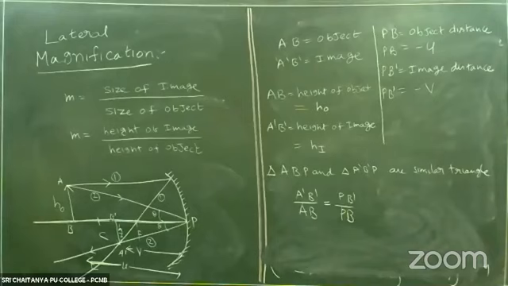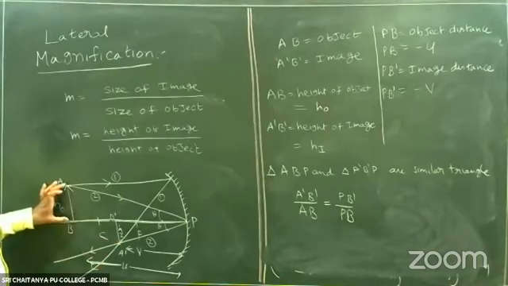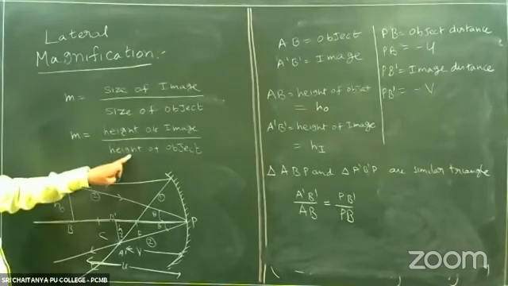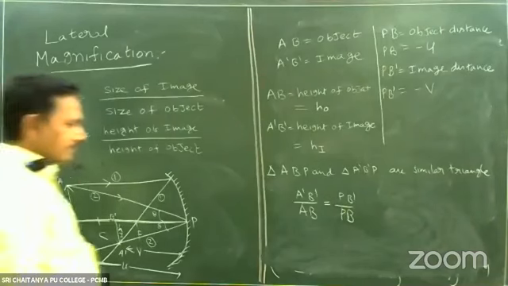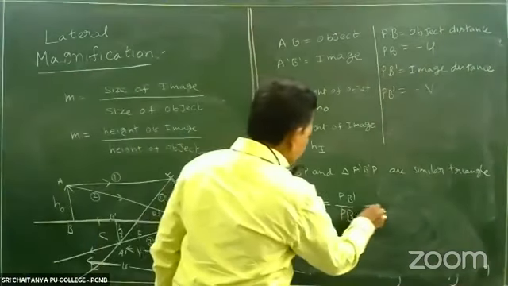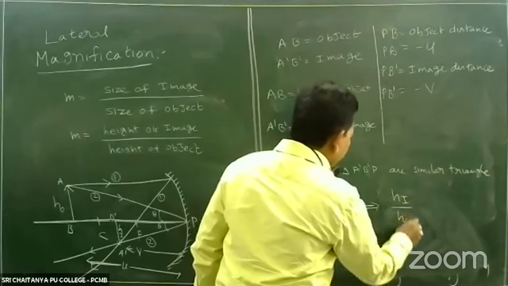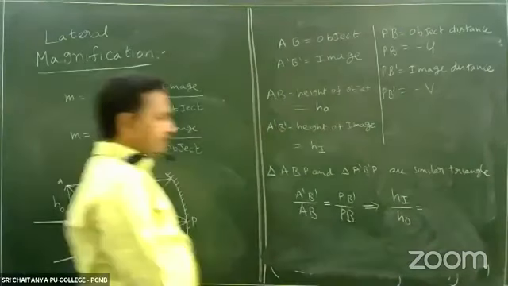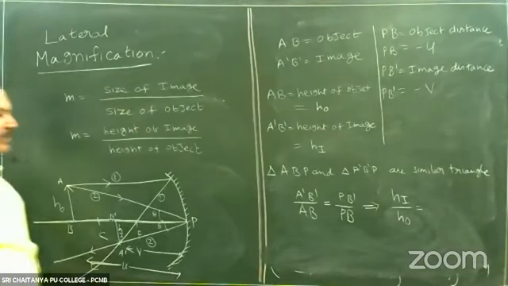Using the similar triangles concept, A dash B dash is nothing but the height of the image, and AB is the height of the object. Height of the image by height of the object is nothing but magnification. So this gives us HI by H naught is equal to PB dash by PB.